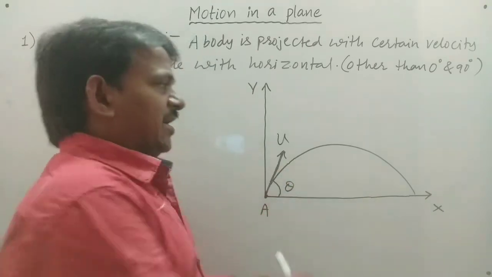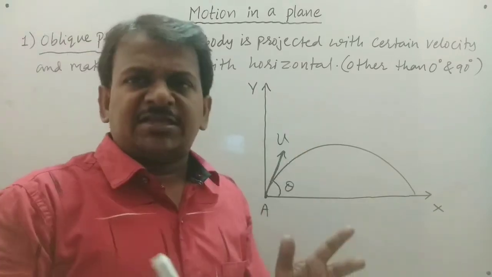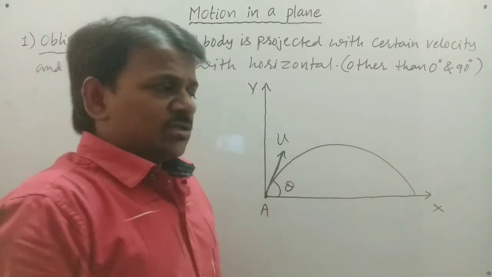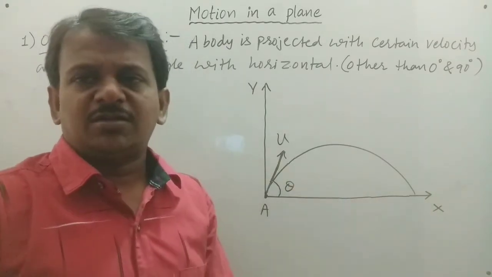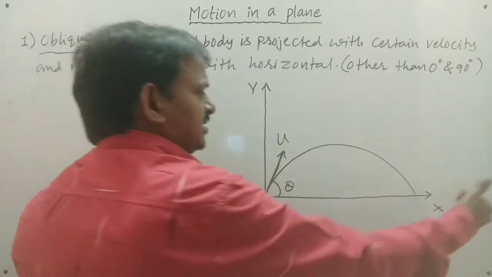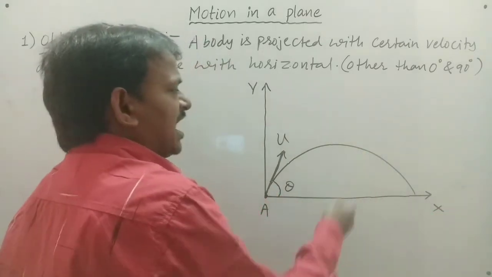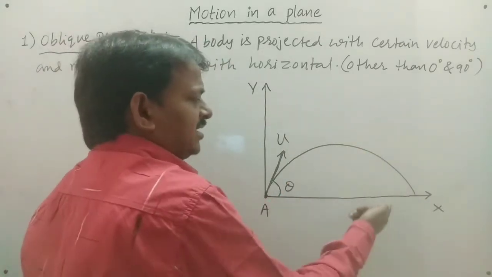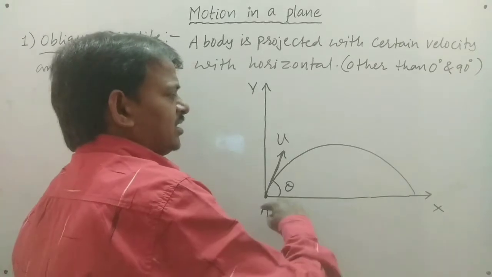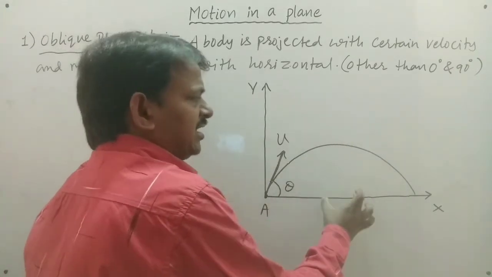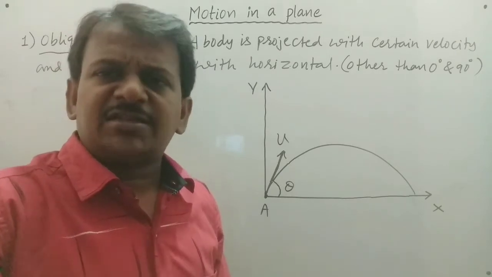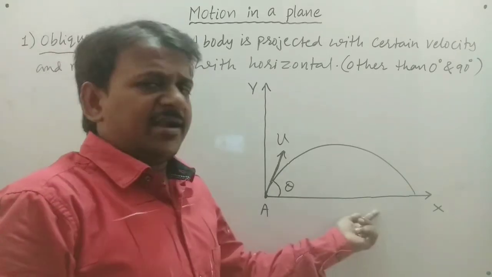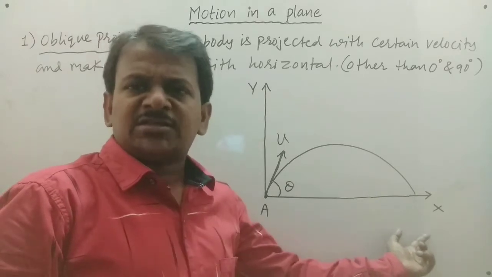In that, the vertical component of velocity changes with time, while the horizontal component of velocity remains constant because no horizontal force acts on the body. Horizontal acceleration is 0, so horizontal velocity remains constant. If acceleration is 0, then in that direction velocity remains constant.